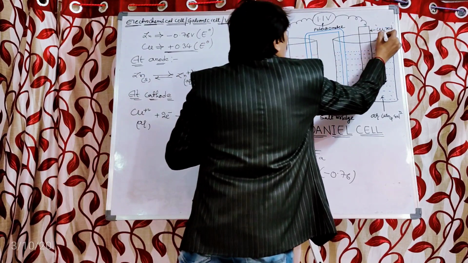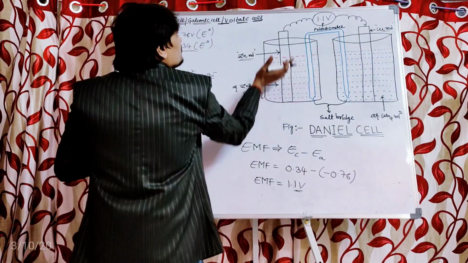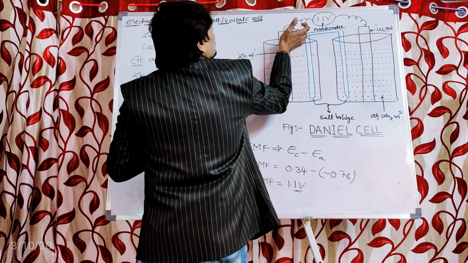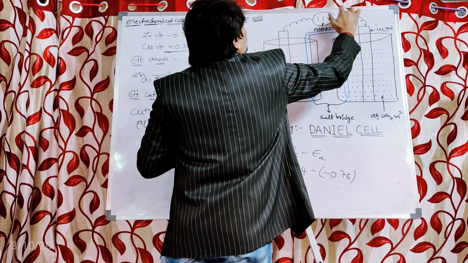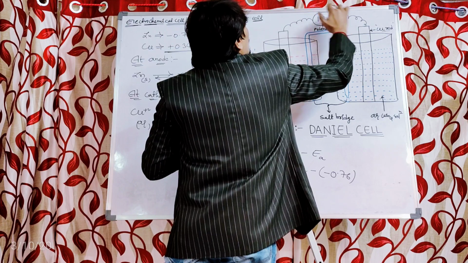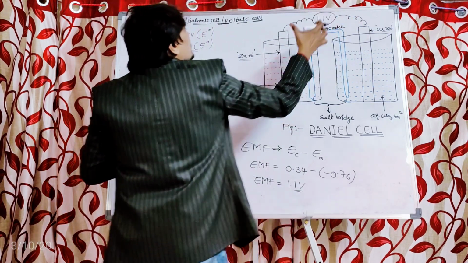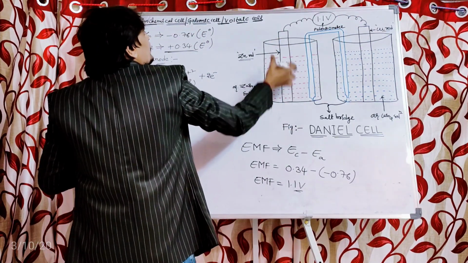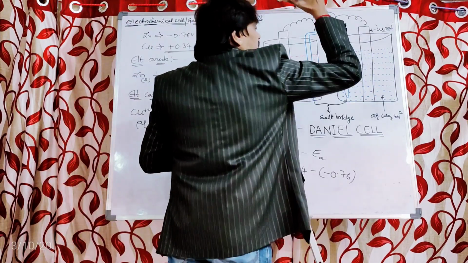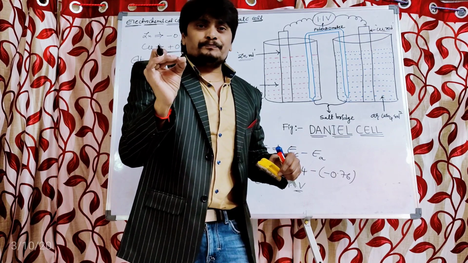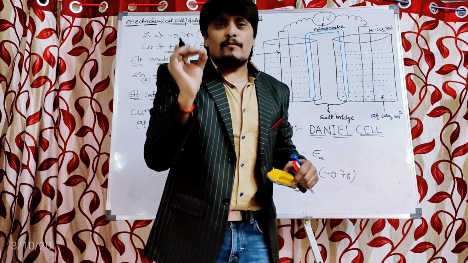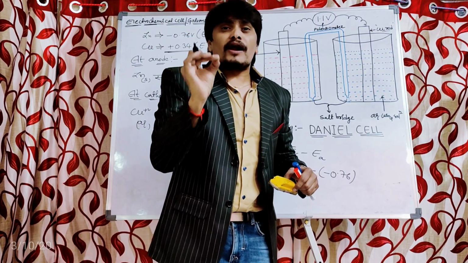The zinc and copper rod, which drive the electric current to pass through the external circuit. Now, the electric current is passing through the external circuit with the help of the potential difference between the zinc and the copper rod. So this is how you have to remember the definition of EMF, but don't memorize it.